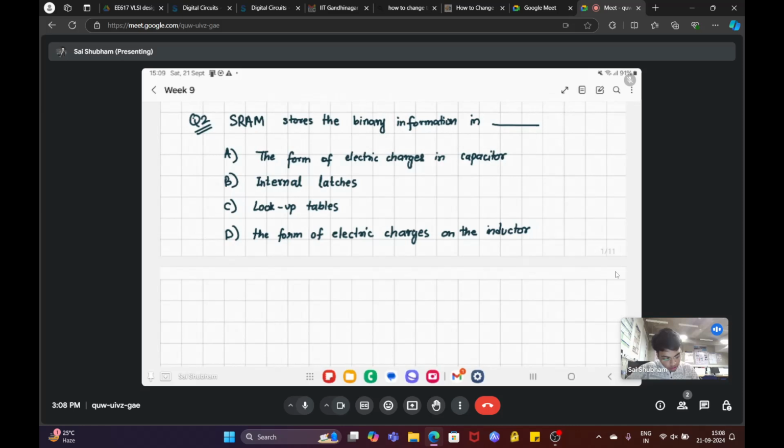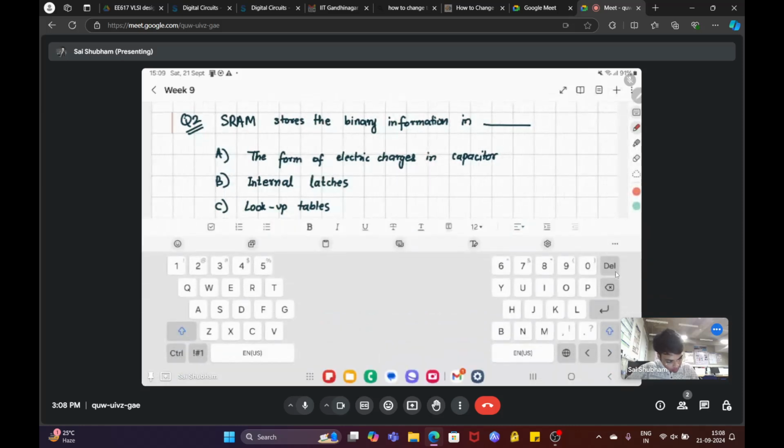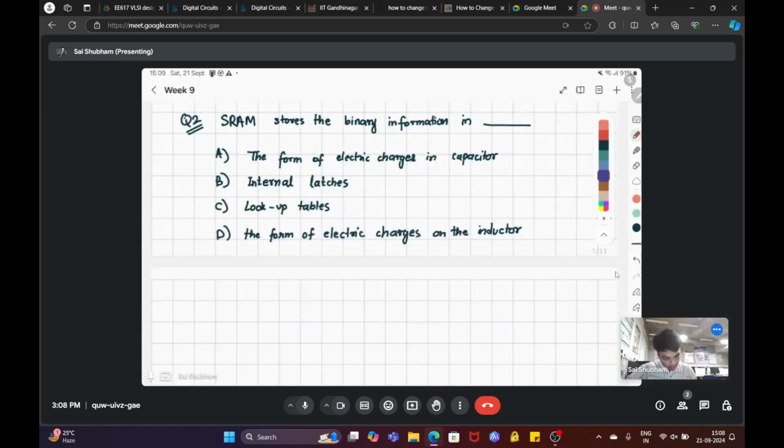So I will discuss the solution now. This is your SRAM. These are back-to-back connected inverters. Suppose you have stored a data one over here.